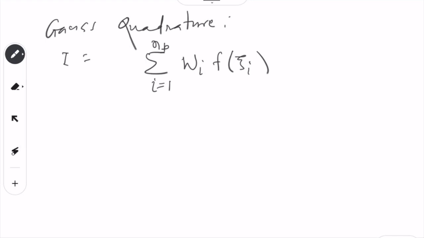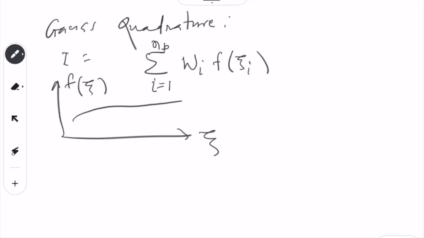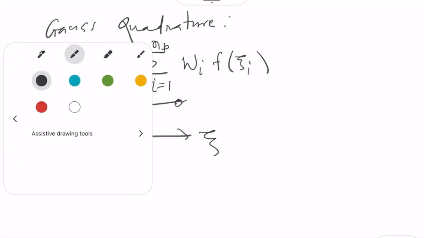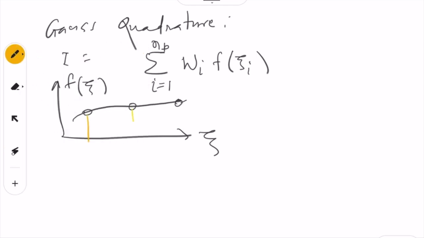Let us say you have xi here and f(xi) here, and you have a curve like this. It tells that what you have to do is identify some points, called Gauss points. So these are the Gauss points here, here, here.